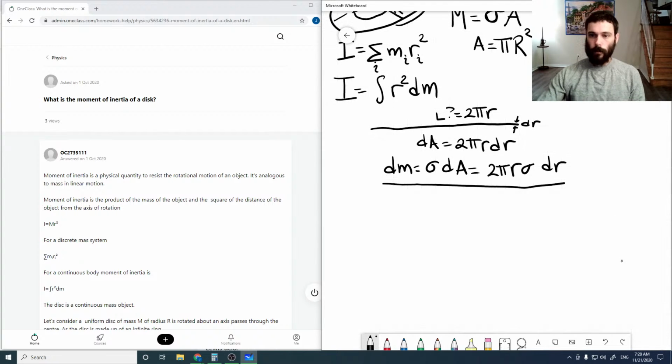Okay, so putting this back into our moment of inertia expression, we now integrate, and our integral is going to be over r, from 0 to r, the complete disk.